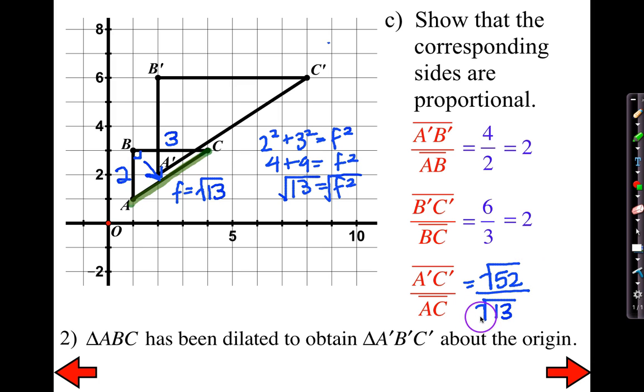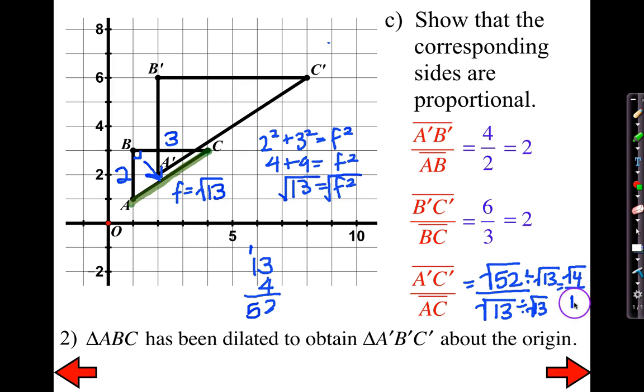So now what we're going to want to do is check, okay, well, can I reduce this? A good idea would be to check to see if you can divide both sides by the smaller number, which is the square root of 13. You could divide both by the square root of 13. And you'd be left with the square root of 13 divided by the square root of 13 is 1.